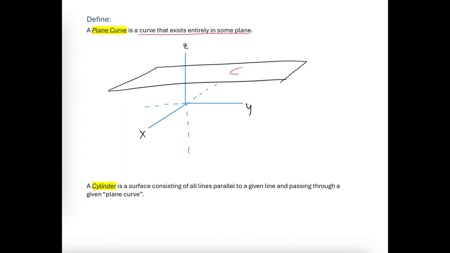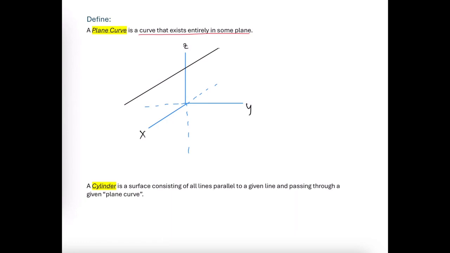So we could have, say, an ellipse or something that is in this plane. A plane curve could also be entirely contained in a plane that is slanted or coming in at any direction, really. So we could have a plane curve that looks like this. As long as the entire curve is contained within the plane, it's considered to be a plane curve.